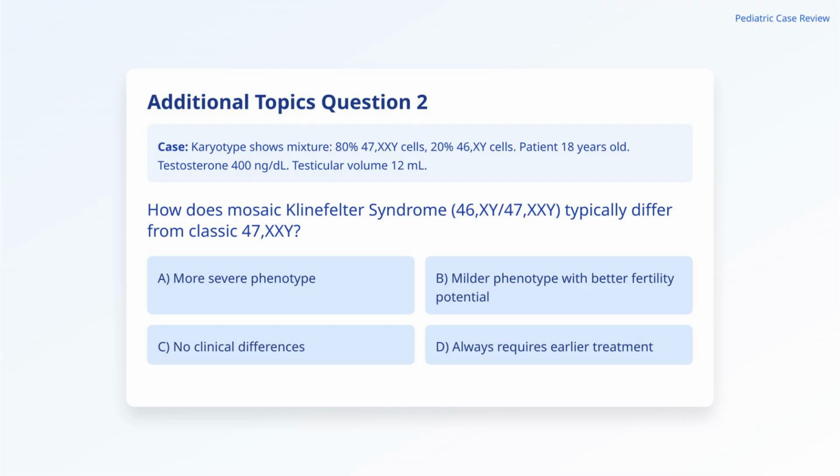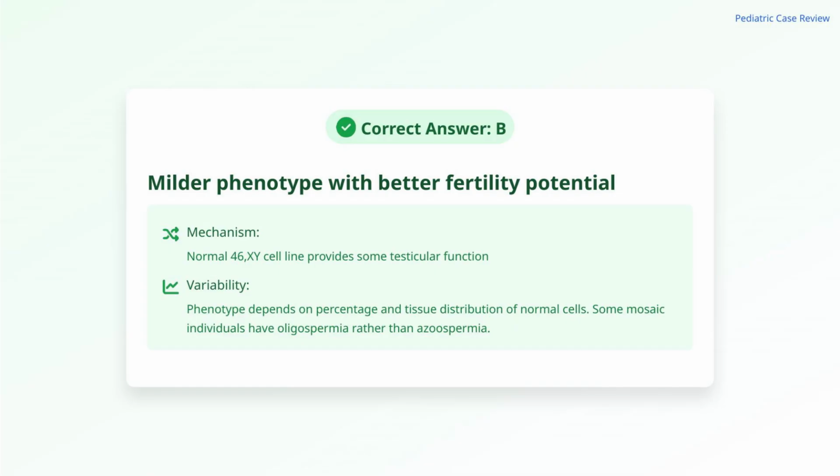Question: how does mosaic Klinefelter syndrome, with both 46XY and 47XXY cell lines, typically differ from classic 47XXY? Option A, more severe phenotype. Option B, milder phenotype with better fertility potential. Option C, no clinical differences. Option D, always requires earlier treatment. The correct answer is B, milder phenotype with better fertility potential.